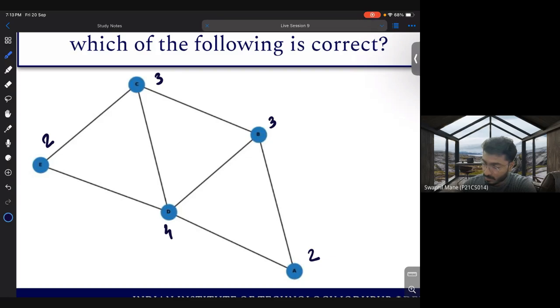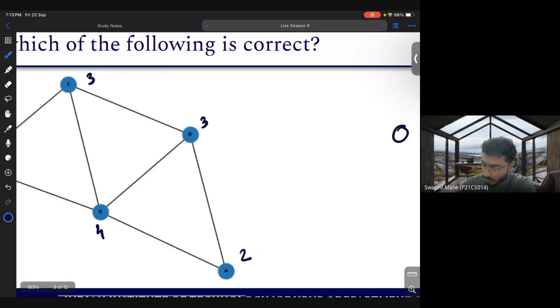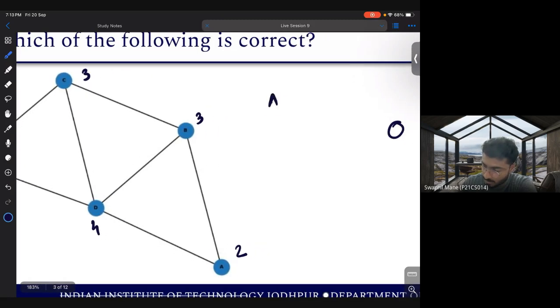For each node we need to find the probability.